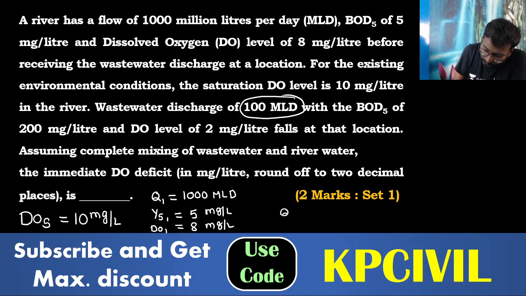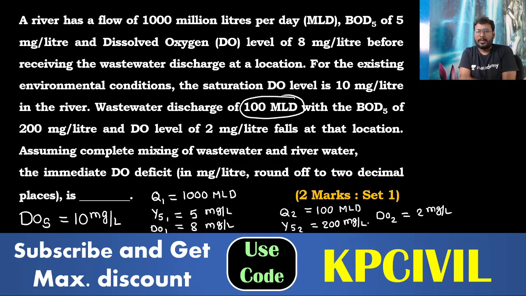So write down Q2 100, Y5 200, DO2 2 milligram per liter. Clear? Wastewater discharge of 100 MLD, BOD 200 milligram per liter, DO 2 milligram per liter falls at that location. Assume complete mixing of wastewater and river, both mixed properly.